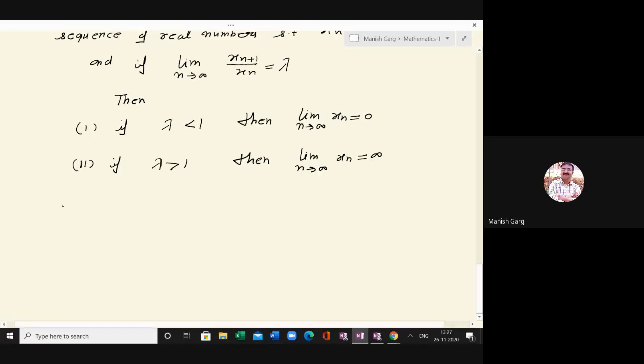So example 1. Suppose you have xn, this is a sequence, n by twice n. Now find the limit as n tends to infinity of xn, or check whether this is convergent or not.